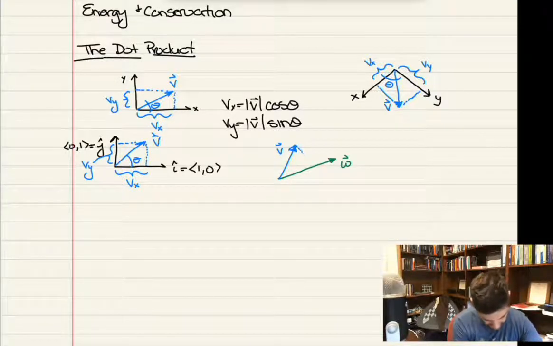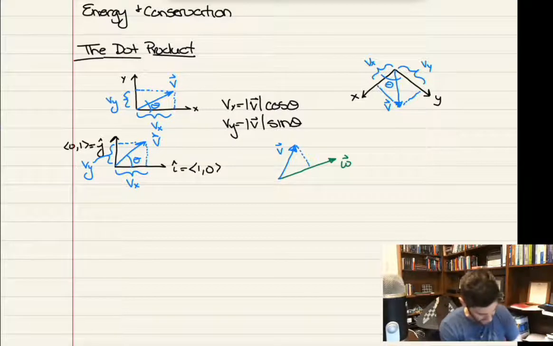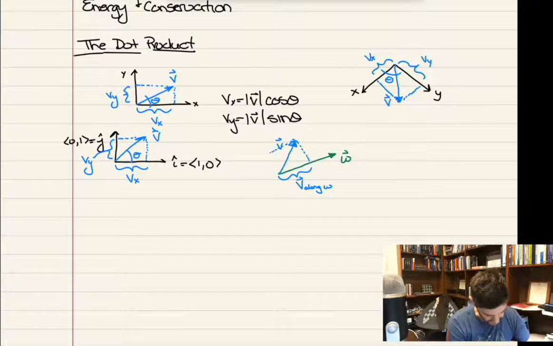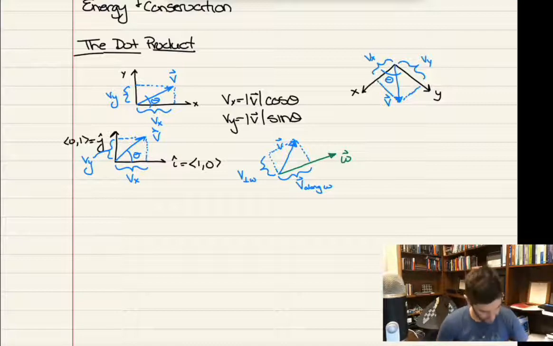So I might do the same sort of thing. I could say, okay, this is the part that is like v along w. And then this part here is v perpendicular to w. This is not really a vector.